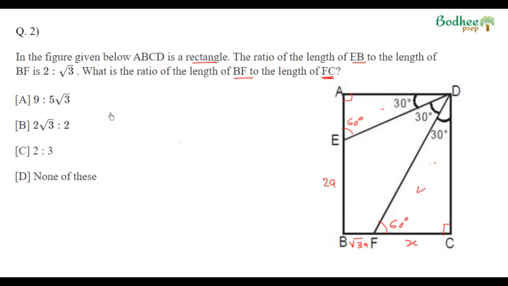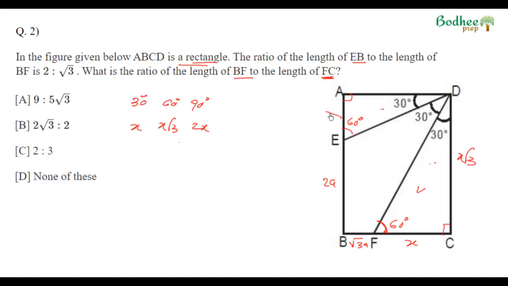So in this 30, 60, 90 triangle, we can say that the length opposite to 30 degrees is x. So this will be x root 3 and this will be 2x, right? So the length opposite to 60 degrees, that is DC, will be equal to x root 3. Now DC is equal to AB, right? Because this is a rectangle.